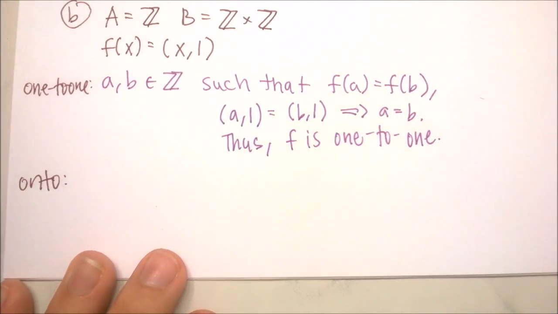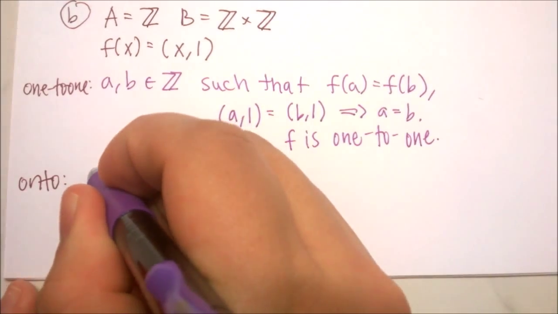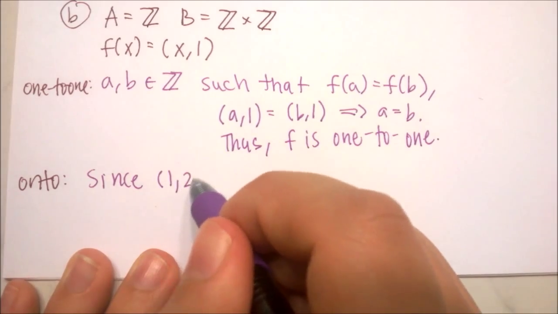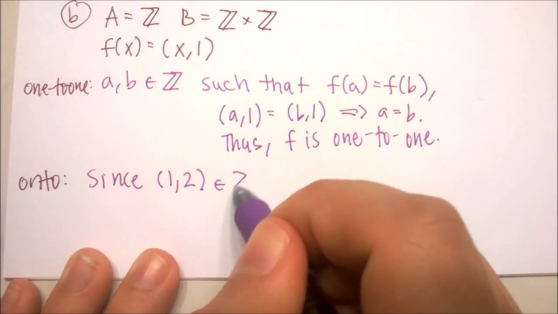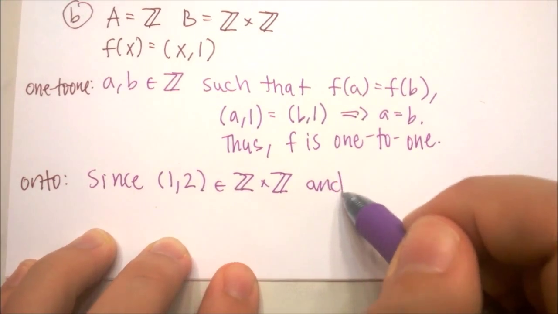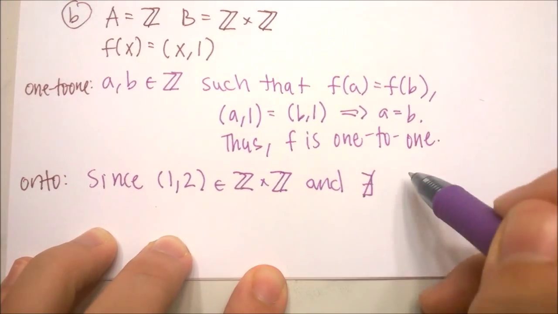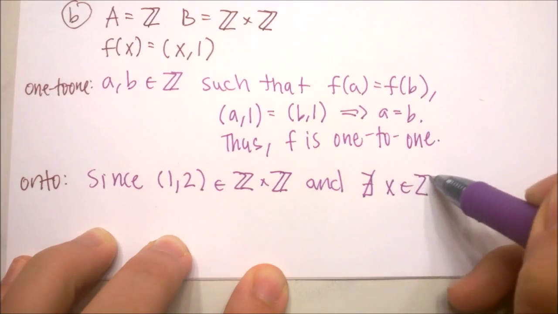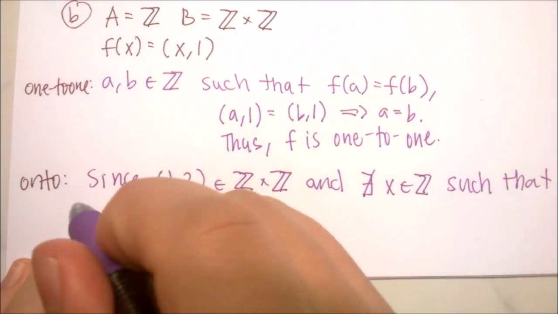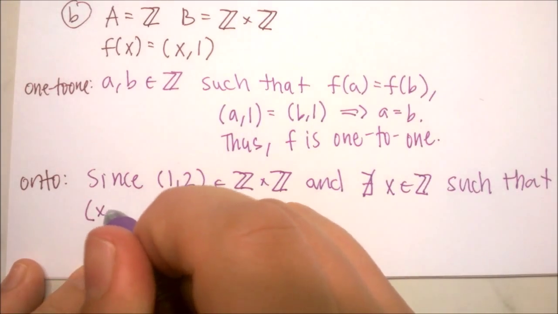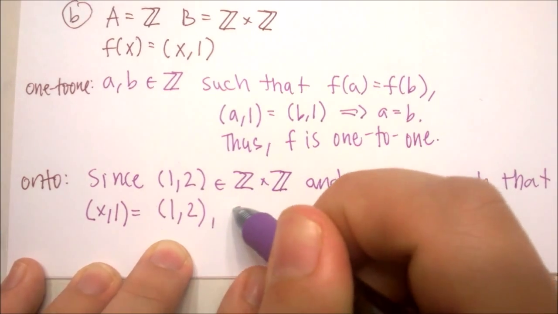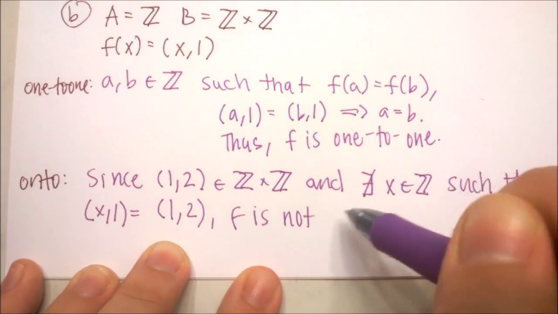So let's pick something. Let's say since 1 comma 2 is an element of the ordered pair of integers, and there does not exist an x in Z such that x comma 1 equals 1 comma 2, f is not onto.